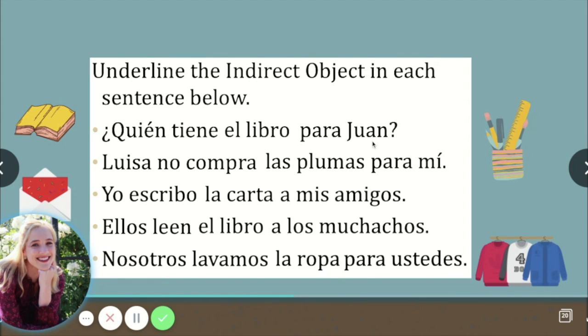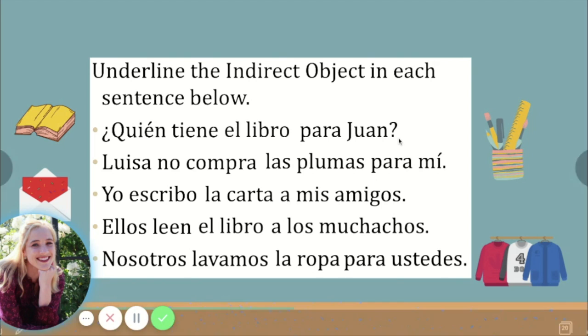So Juan. Juan is going to be our indirect object. So we have the direct object, el libro, and the indirect object, Juan. Okay? Luisa no compra las plumas para mí. Luisa doesn't buy the pens for me. Who is the indirect object?